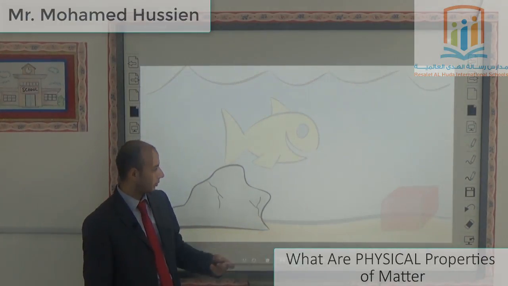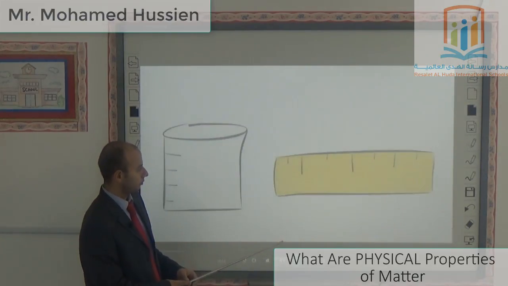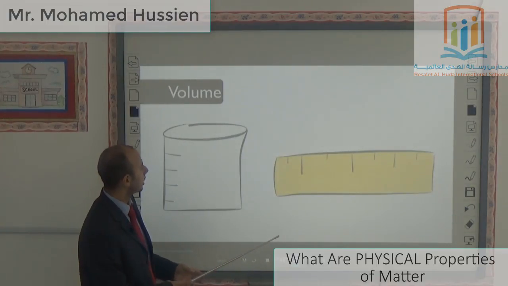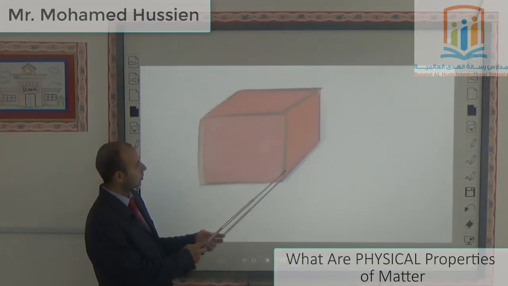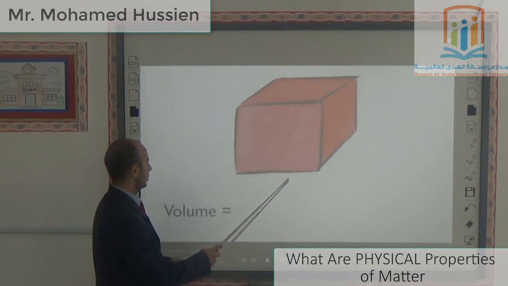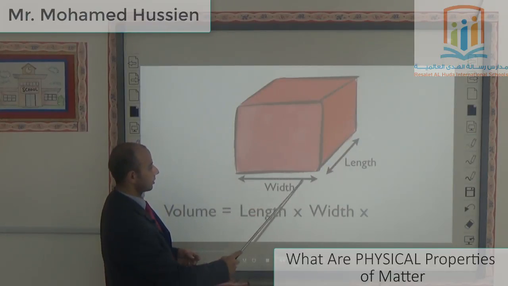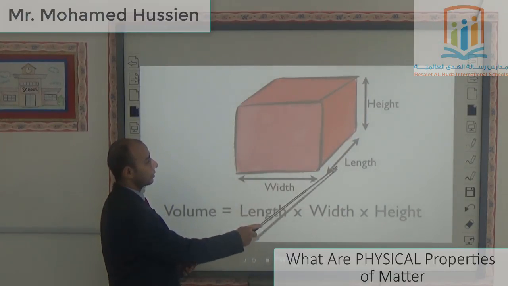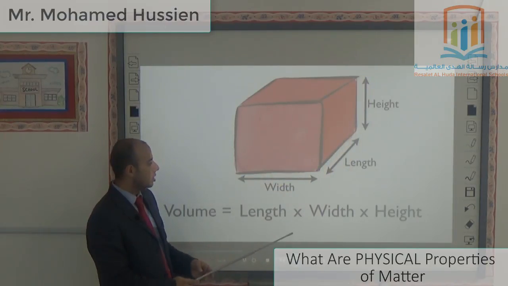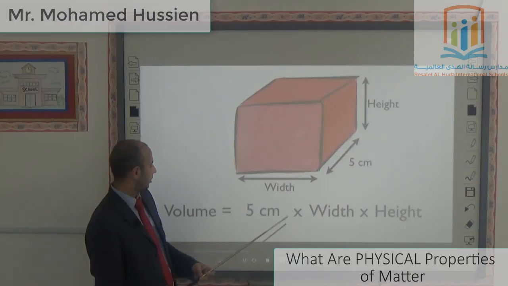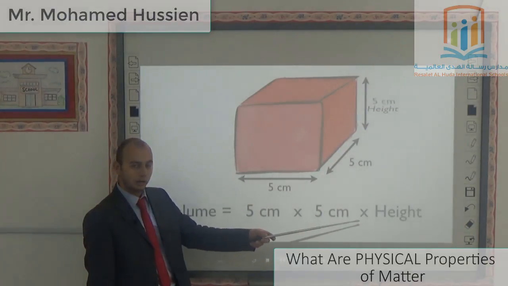Yes, this is a cube shape, a regular one. You can measure it with the ruler. When you use the ruler, this line is the length, this is the width of the cube, and this is the height. The volume of a regular shape can be measured and calculated by multiplying length, multiplying width, multiplying height.